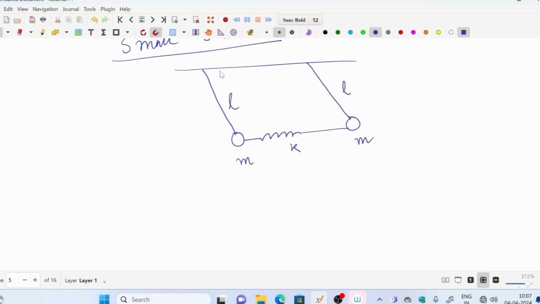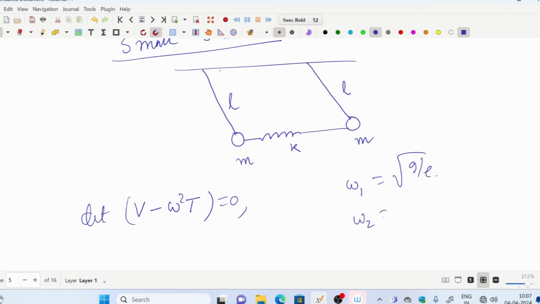If you recall, the normal modes were found by solving the determinant of V minus omega squared T equal to 0, and we found omega 1 was root g by L and omega 2 was root g by L plus 2k by m.